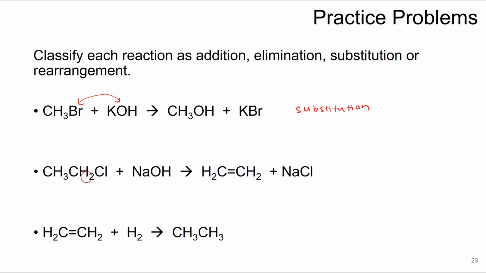In this structure here, we have 2 carbons and a chlorine, and we end up with the alkene version of that. The chlorine is gone, and there's no OH here, so this is an elimination. Here we have CH2CH2. There is H2, which is added to the ethene. So this is an addition reaction. We've added the H's across the double bond.